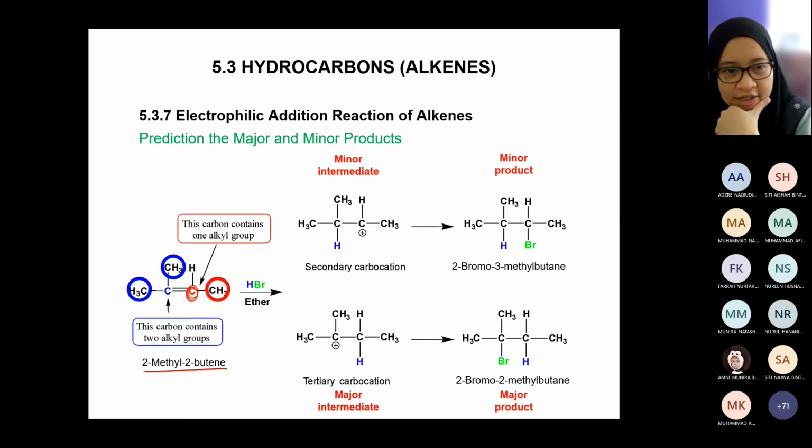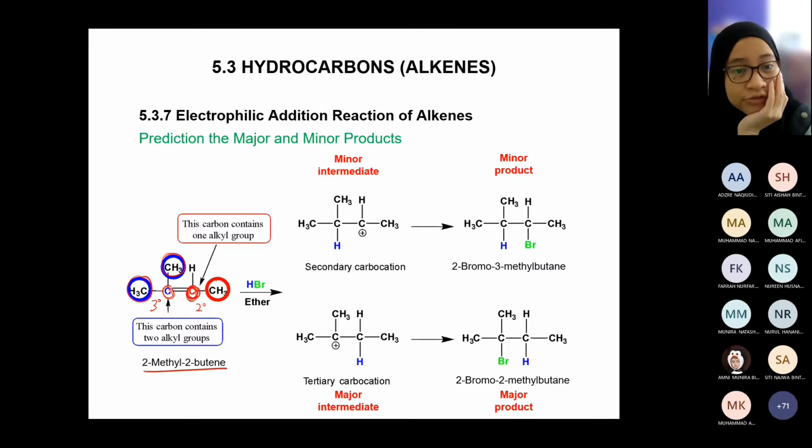So this carbon, yang the red one, is secondary carbon. Why is it secondary? Because this carbon is attached to this methyl group and this carbon. So it is secondary. How about the blue carbon here? So the blue carbon here is a tertiary carbon because this carbon is attached to another 3 carbon. This one, 1, 2, 3.